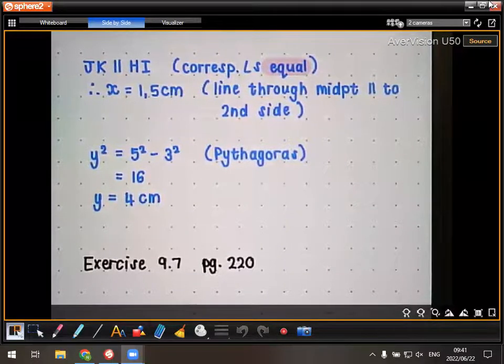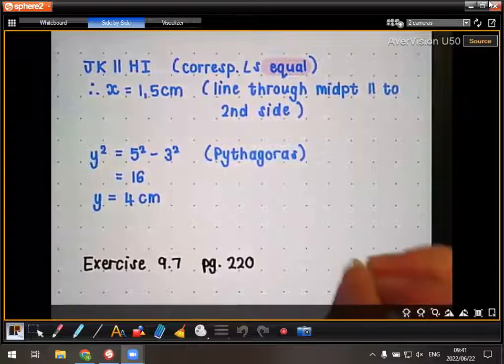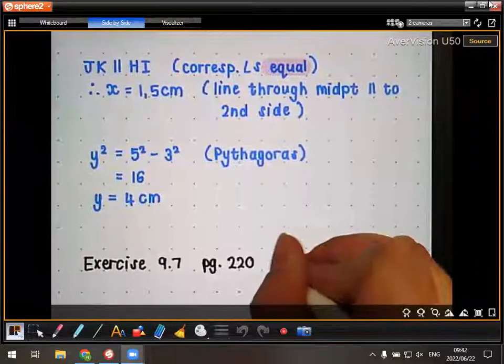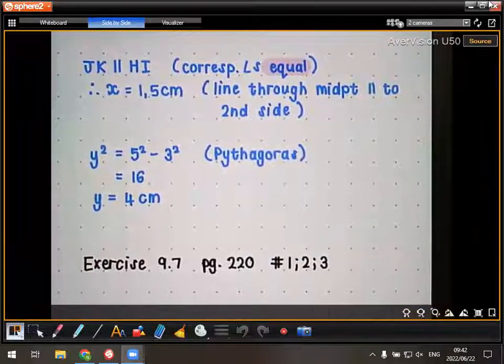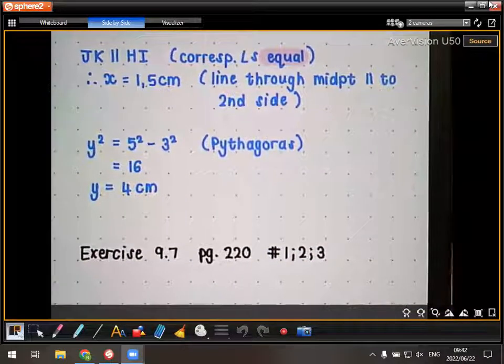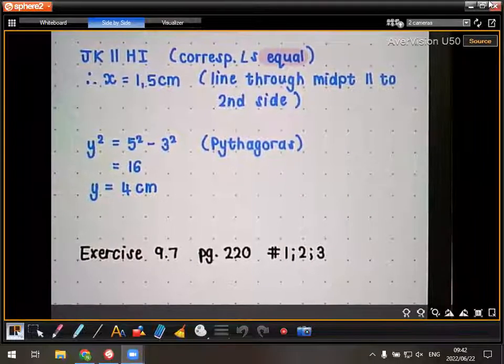And I want you to do 1, 2, and 3. Okay, you can get going on that.